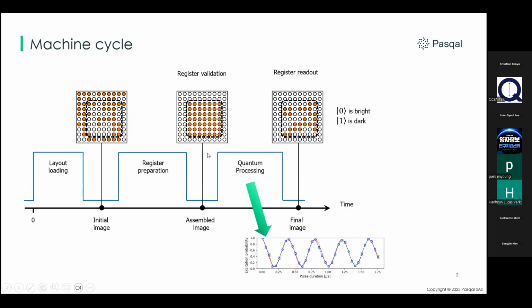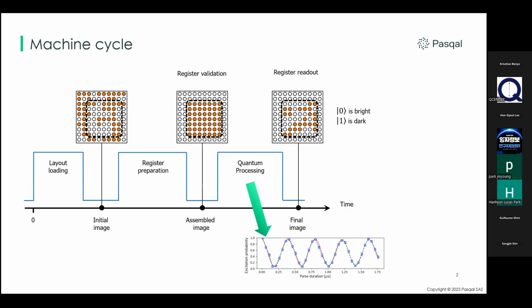Up until this point, everything is automated inside the quantum computer through the integrated operating system it is handling. So this is the part that developers don't need to focus on. They only need to focus on defining the actual register, defining the positions where they want to have the atoms. It's up to the machine to make sure that it catches enough atoms and it manages to move the atoms into the right positions.